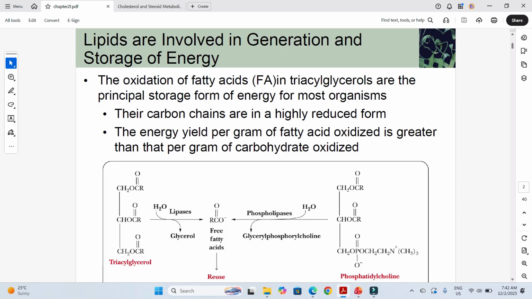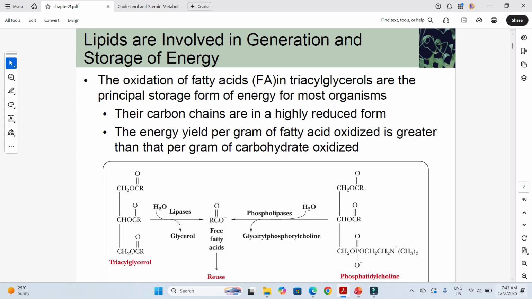The point that I'm trying to make is that the carbon atoms in glucose are in a more oxidized state, and therefore low electron density, which translates to lower chemical energy content compared to the carbon atoms in fatty acids, specifically the fatty acid tail or chain, in which there are a lot of carbon-hydrogen bonds.